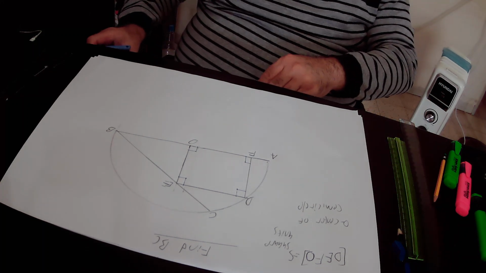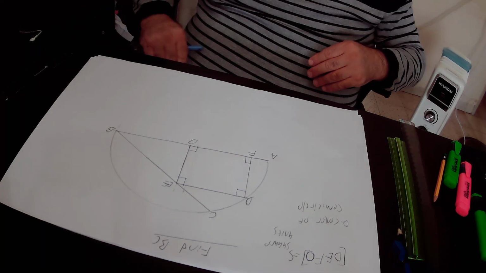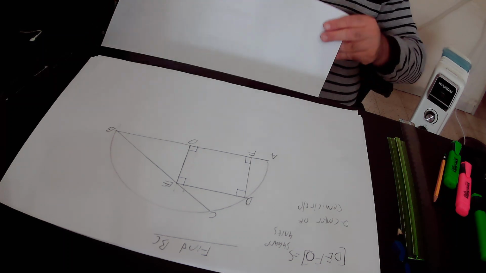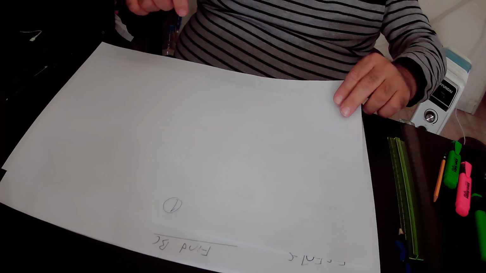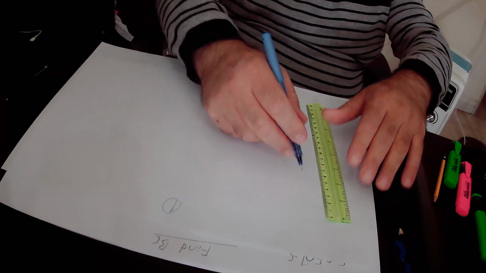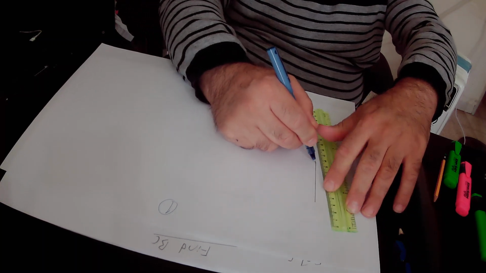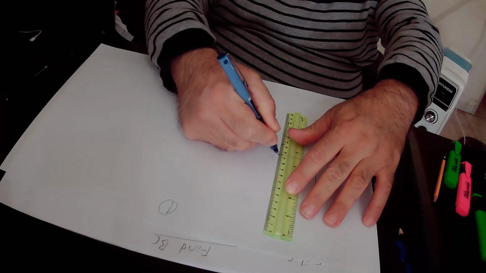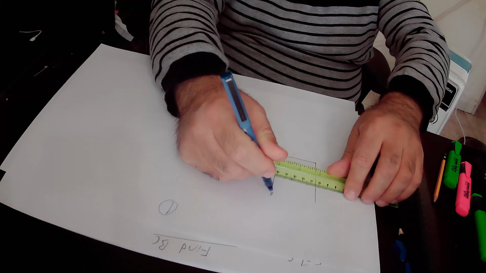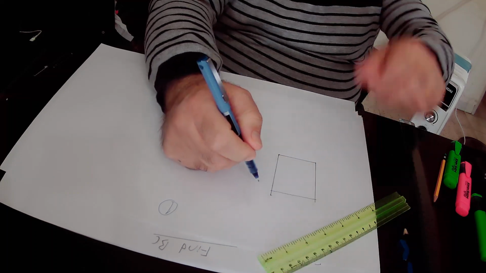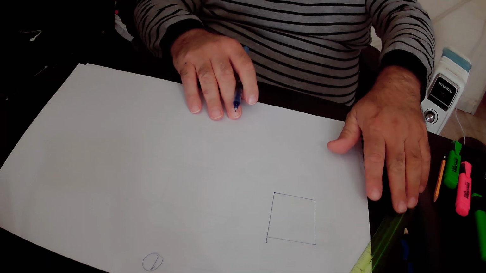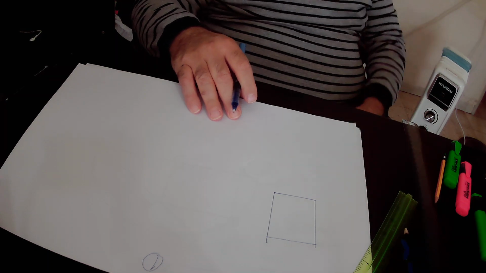And we know that if this is a square, all the sides of any square are equal to each other.